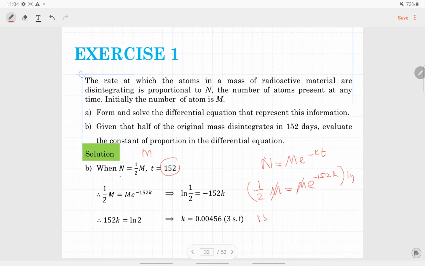So 152 k equal to negative ln 1 over 2, so 152 k equal to ln 2. Therefore, we can solve this one, k we can get here, with 3 significant figures, because the leading zeros here we do not consider as significant figures.